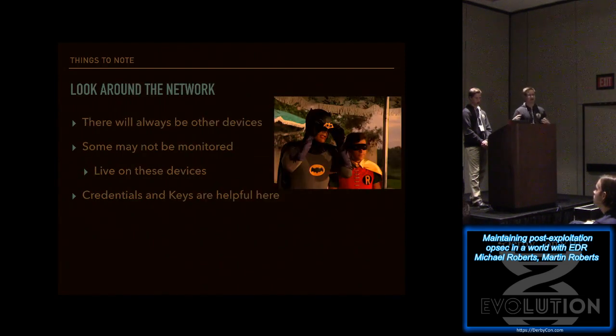And then looking around the network, probably my favorite thing. Just an example this week, I was on an engagement and I was looking around the network, looking at all the SSH banners on that corporate network, seeing what products are out there and the version numbers of SSH, and I noticed there were some Raspberry Pis on the network.